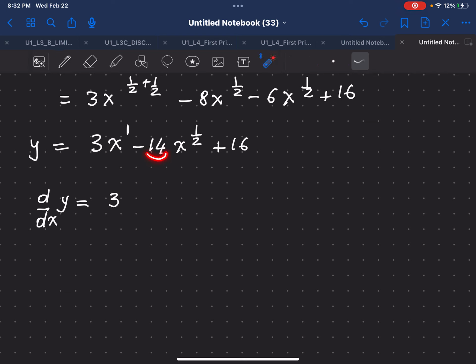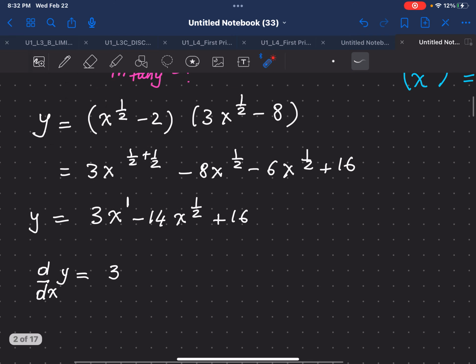And then we'll differentiate negative 14x to the power 1 over 2. Remember, when we differentiate, the part of the term that affects the rate of change is the one that carries a variable, because that's the changing factor in here.